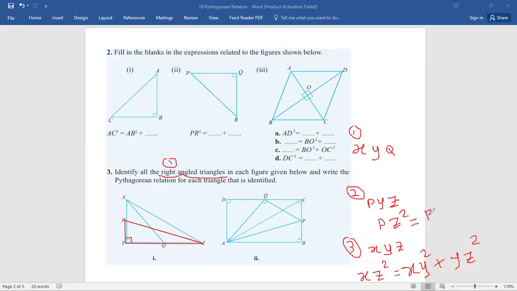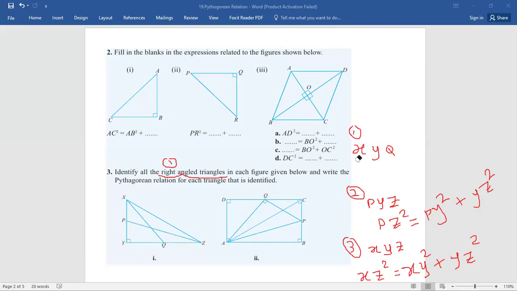That means PY squared plus YZ squared. So this is the second one. Okay, I will clear this one.